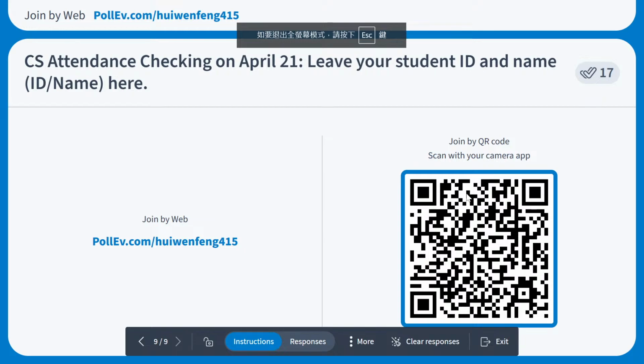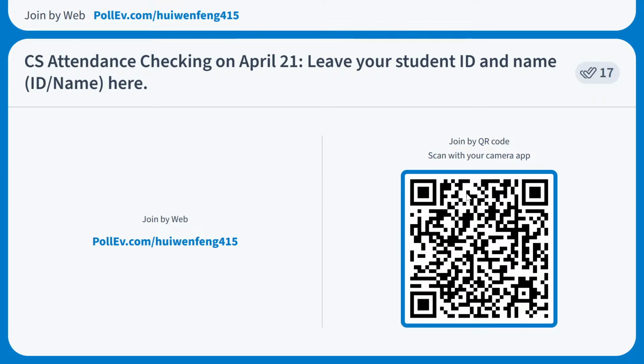All right, if you want to continue, you can continue. If you finish this one, that's okay. If not finished, you can continue for 30 seconds.